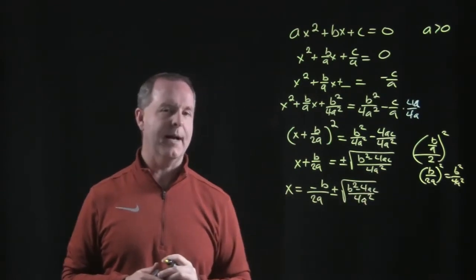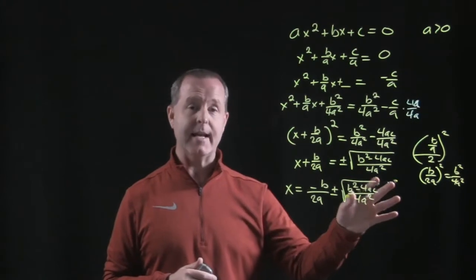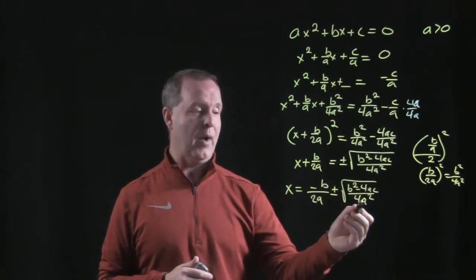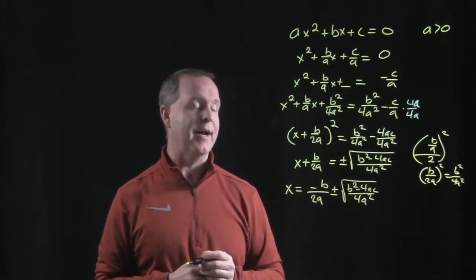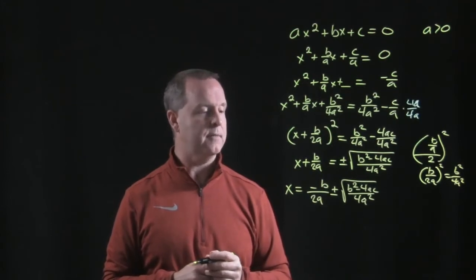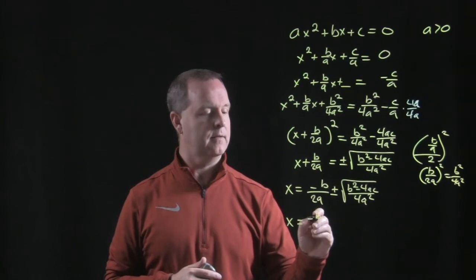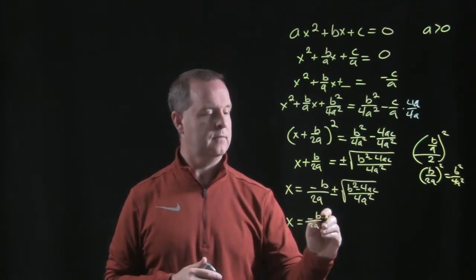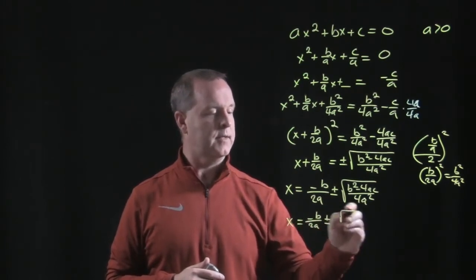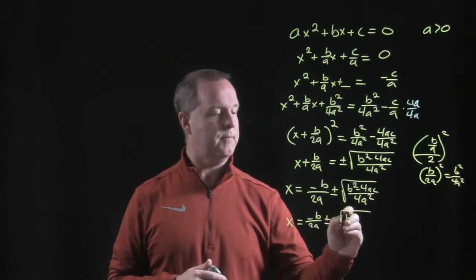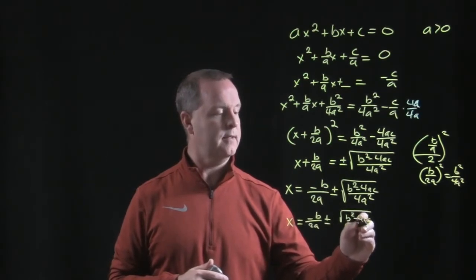I've got about two more steps and I think I'm done. The right side, I can reduce that down. I have a square in the denominator inside that radical, so let's see if I can do it just keeping it down here. The top will just be the square root of b squared minus 4ac.